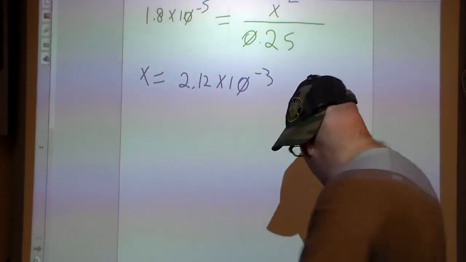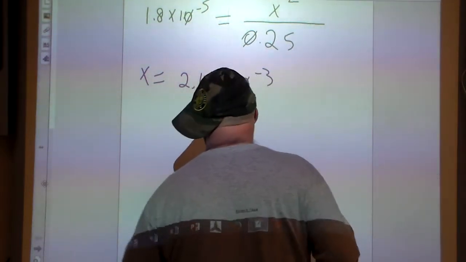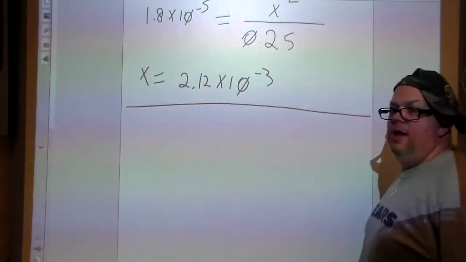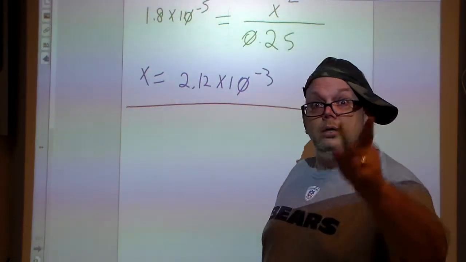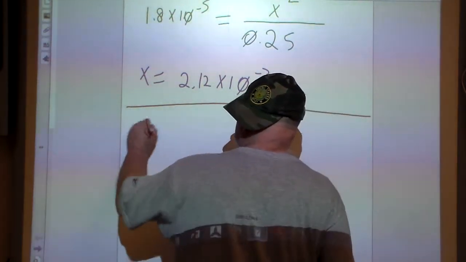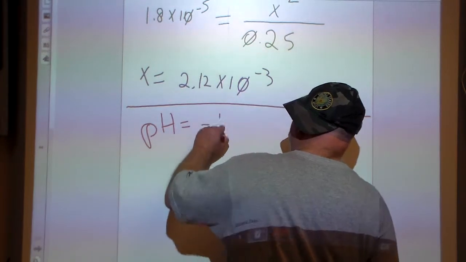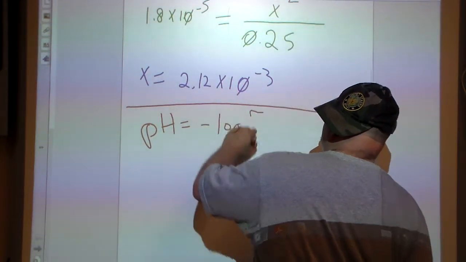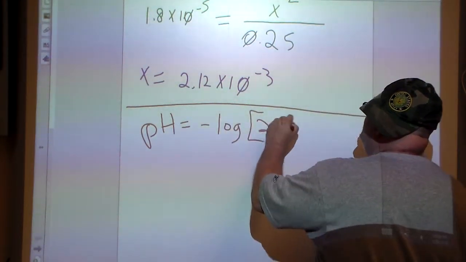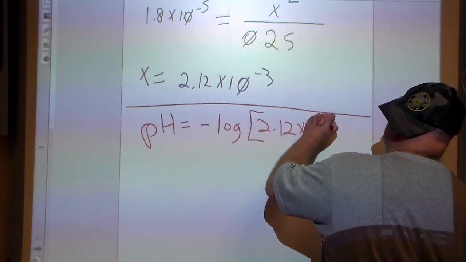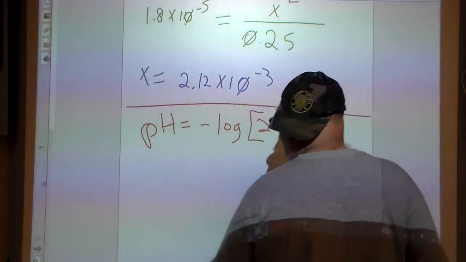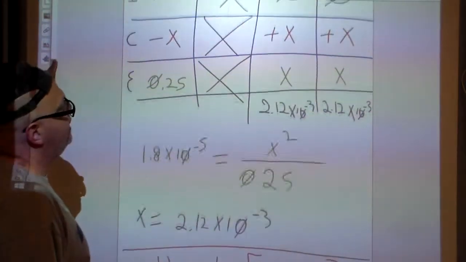So what? Well, at this point we can figure out the pH. The pH is equal to the negative log of our concentration, which is 2.12 times 10 to the minus 3. Wait, hold on, where are you getting that number?